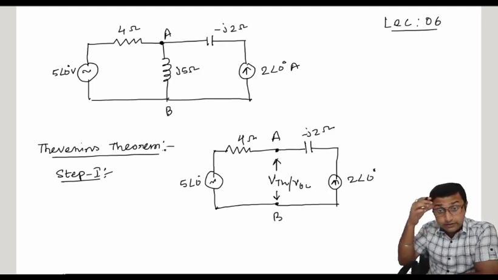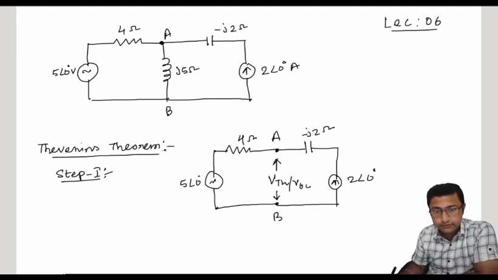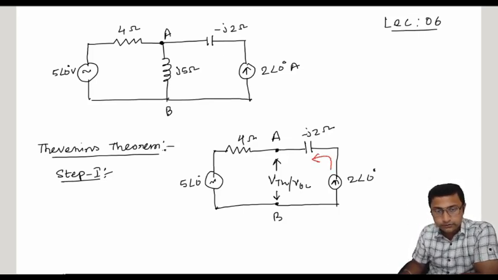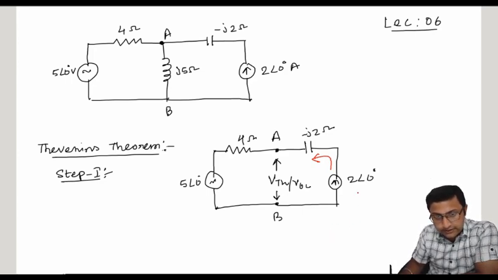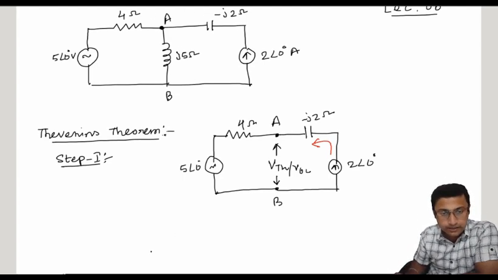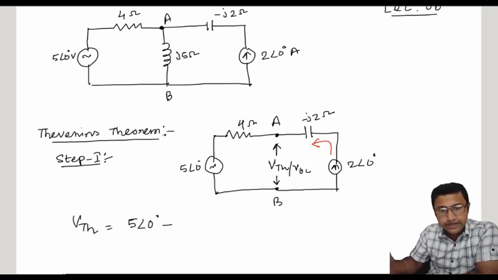The current 2 at an angle 0 is flowing from this side. I want to find the voltage across terminal AB. Across AB the VTH will be 5 at an angle 0 minus the IR drop.